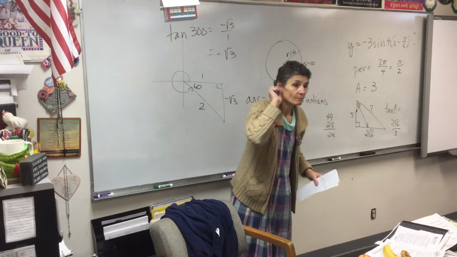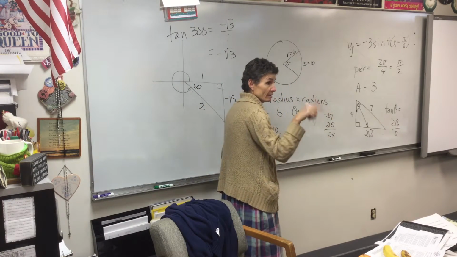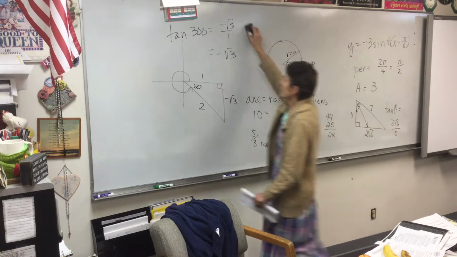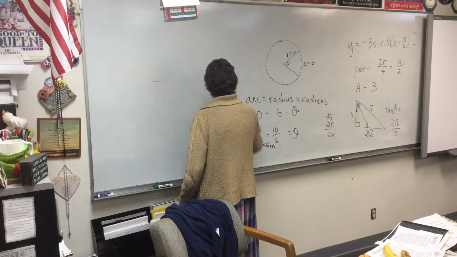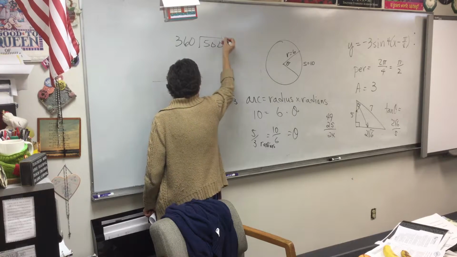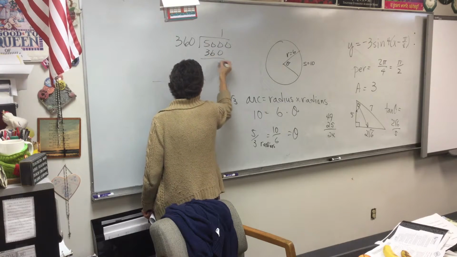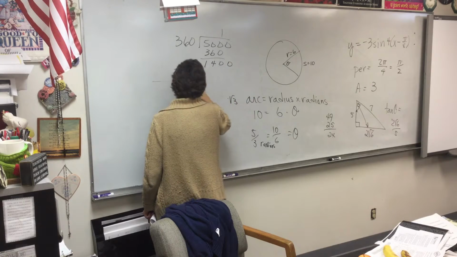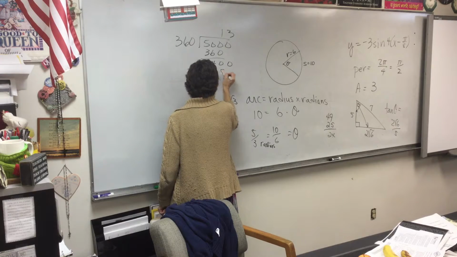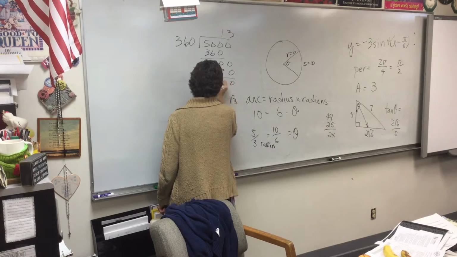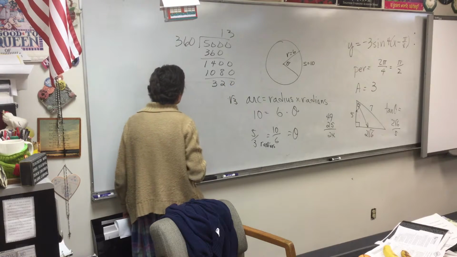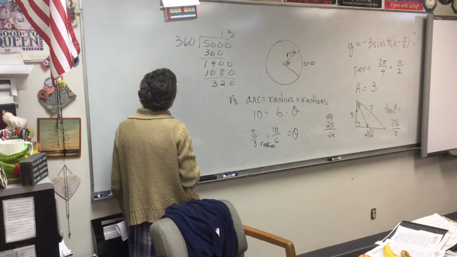It's a lot of revolutions, isn't it? So let's see how many revolutions it is. Let's take 5,000 and divide it by 360. I got 320 as my remainder, but I'll let you check my division.